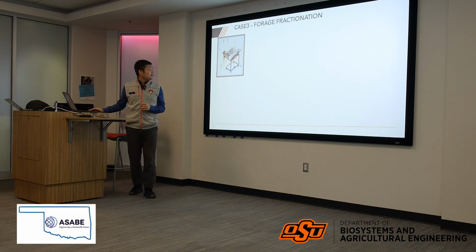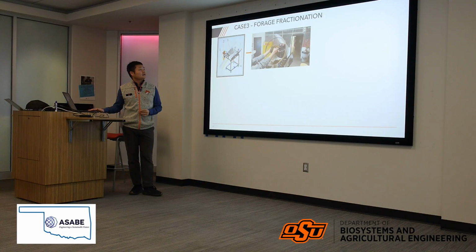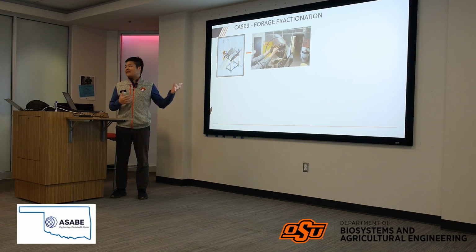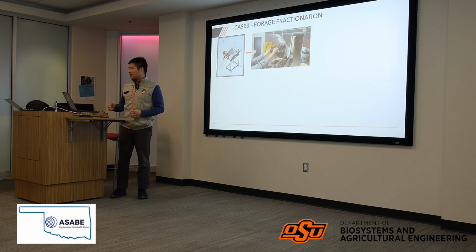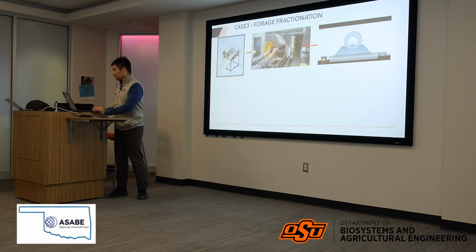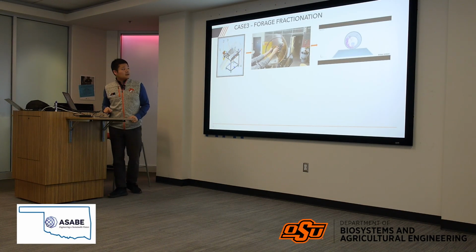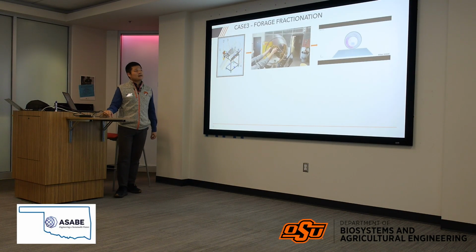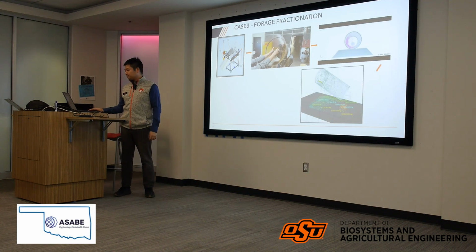So that's the CAD model or the idea, and then we have a very preliminary benchtop physical model, so we can use that to collect some data to feed into the digital model. That's a comparison of what's happening in the real world versus the digital model.